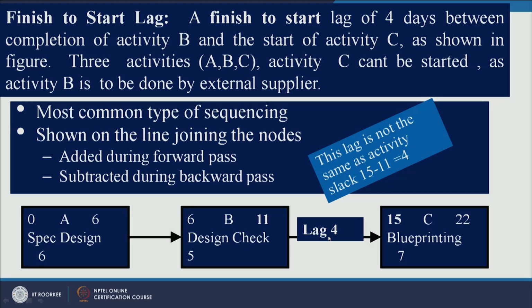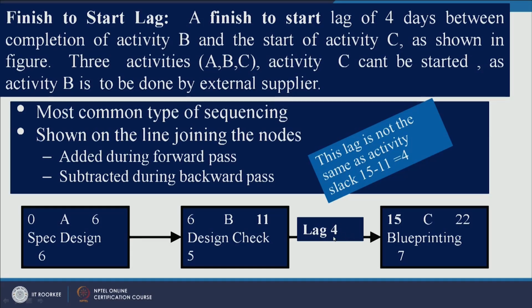So, this is known as finish to start. You cannot start activity C unless and until you complete activity B. Though B completed, let us say, on 11th day, you did not receive the material which you have to receive from the supplier or the third party.